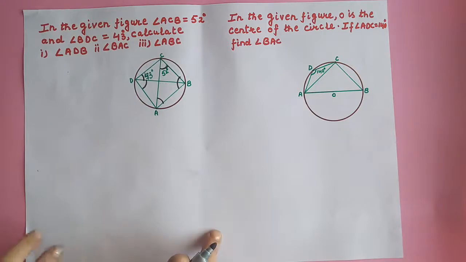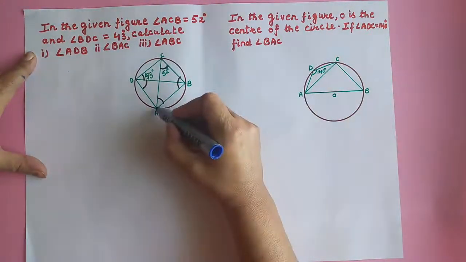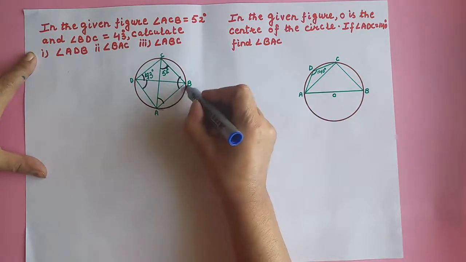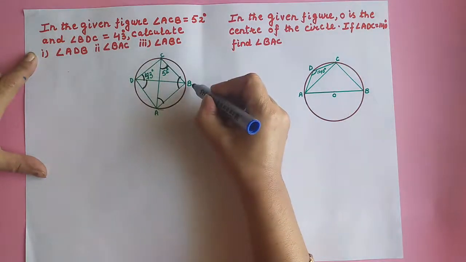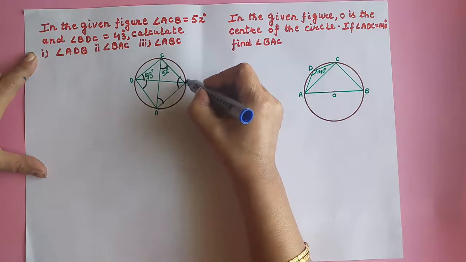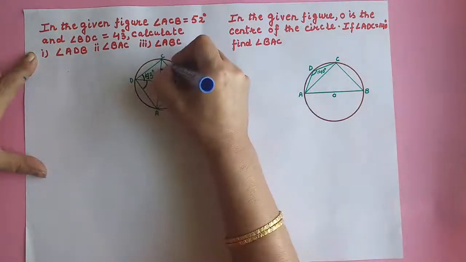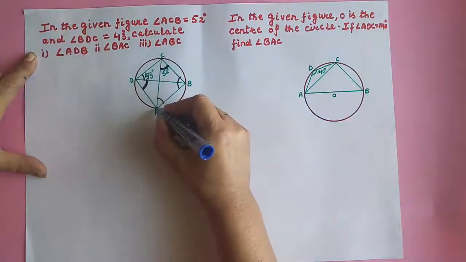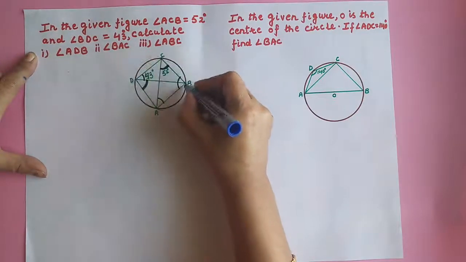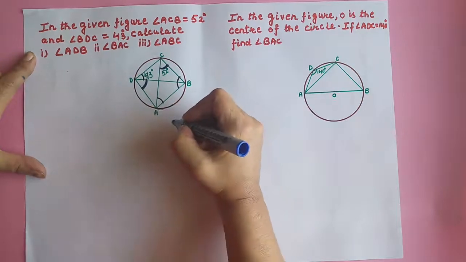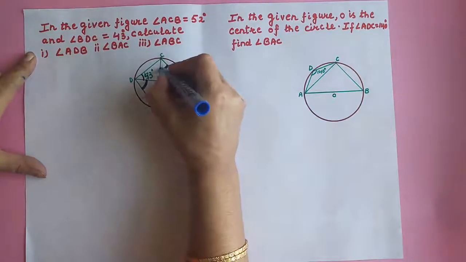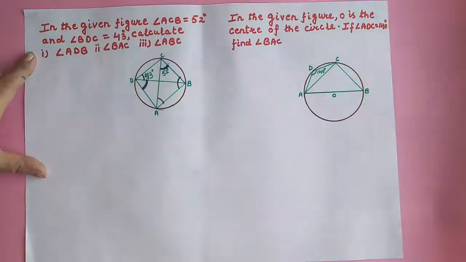Now, since we have done all the angle theorems, here if you look at this arc AB, it subtends angle ACB and angle BDA. That means this angle and this angle are subtended by this arc at the circumference. So these two angles will be equal, right? So we can say that if this is 52, this is also 52.